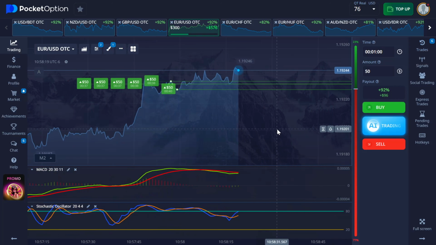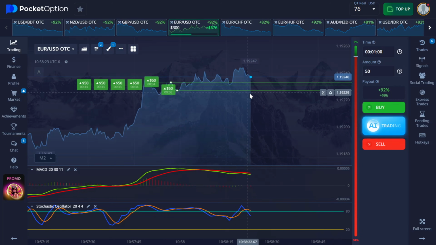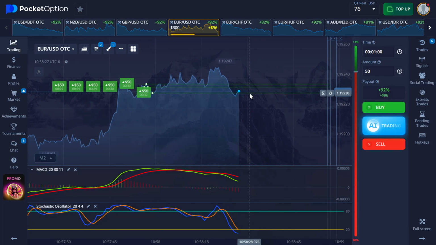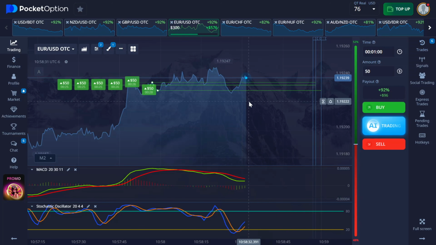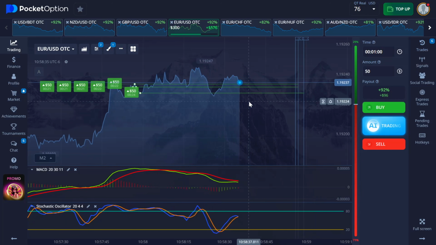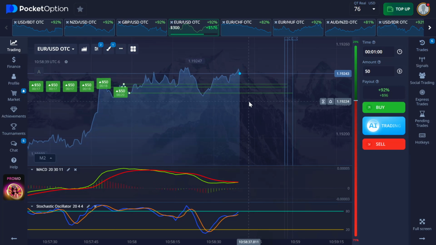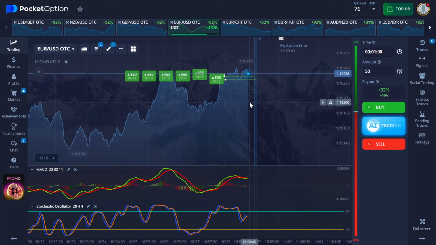So this means that my accuracy of winning this trade increases, because we already know that when we're using top-down analysis and the higher time frame to confirm our entries on the lower time frame, we have an advantage. This is the benefit of using the line chart, because I could literally switch between time frames so quickly.